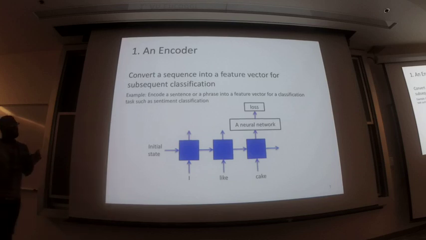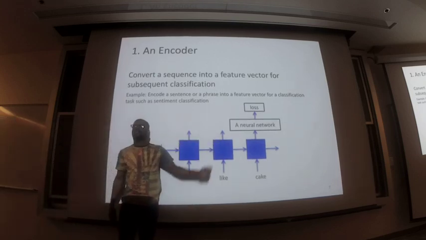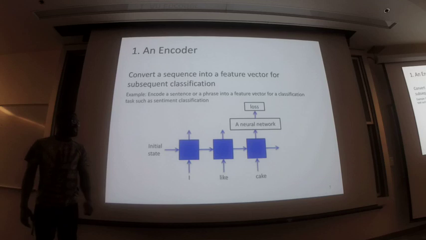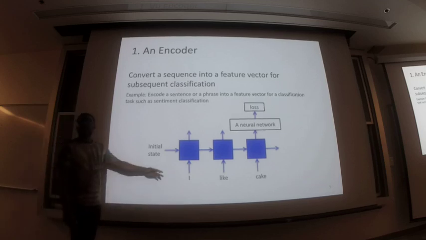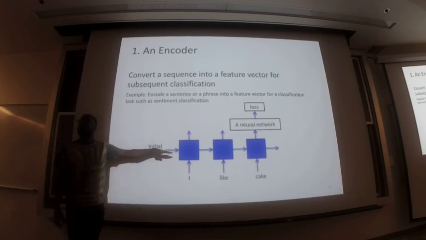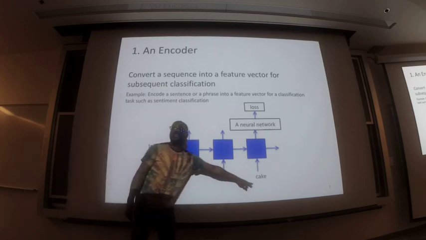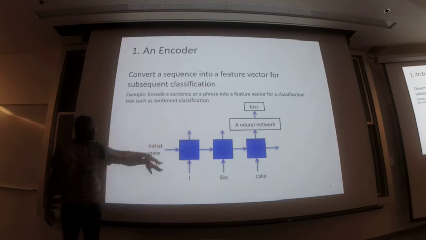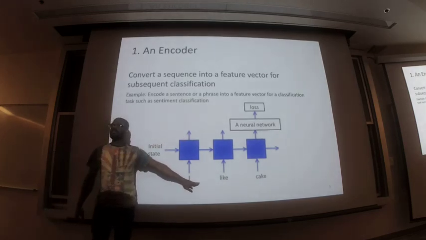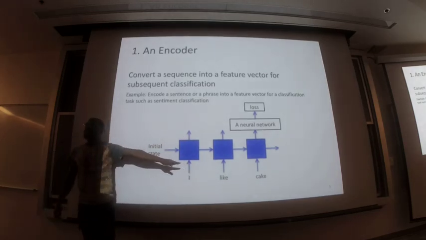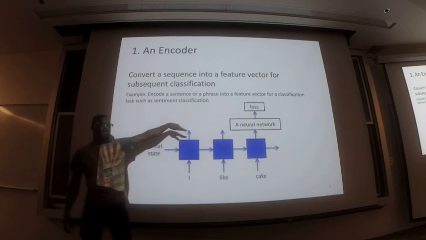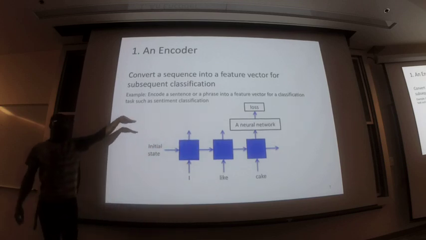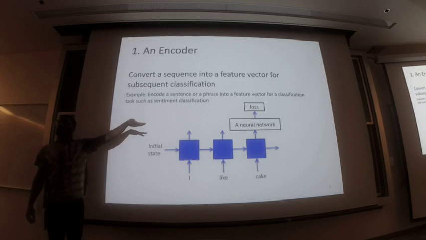Here we are not going to use these other outputs, because we believe the network is summarizing everything that is in here. So at the last step, whatever vector we have here is a summarized version of everything, so we can build a neural network and then attach a loss function to it.